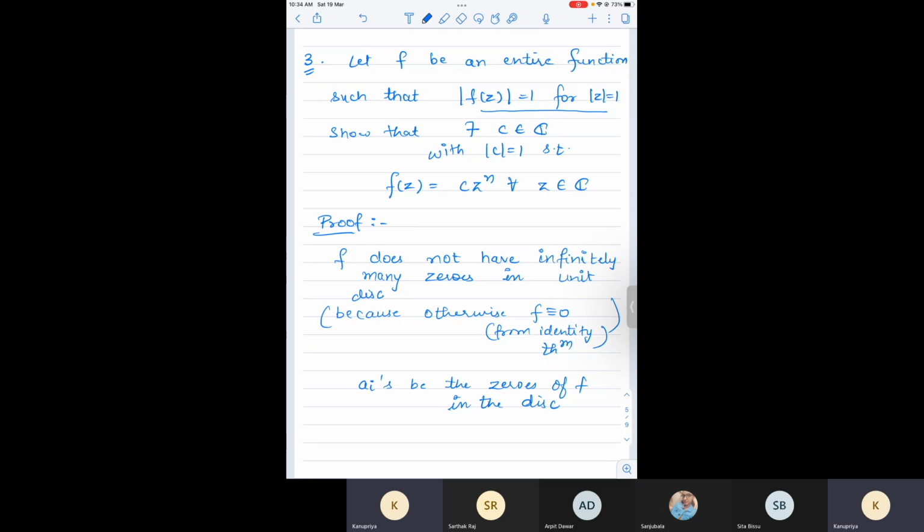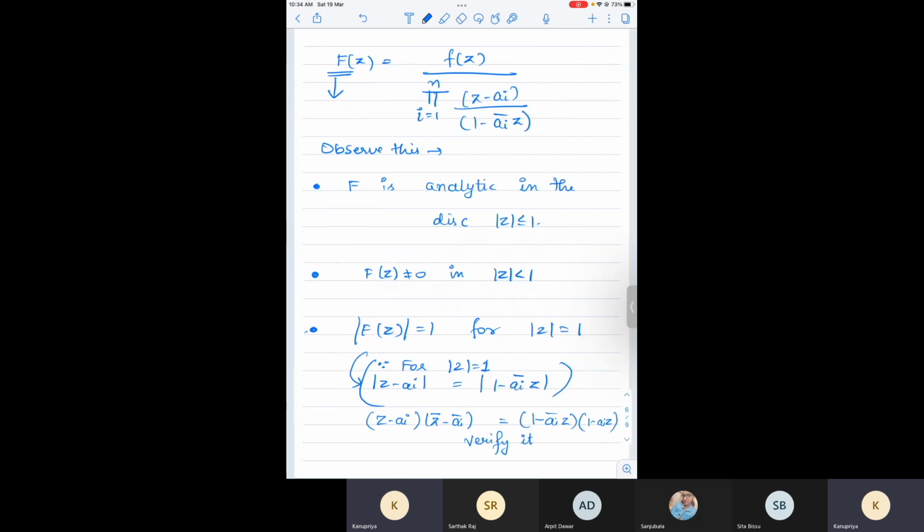So taking these zeros as ai's from 1 to n, using these zeros, we are defining some other function, capital F(z), in this way: small f(z) upon product of these functions.